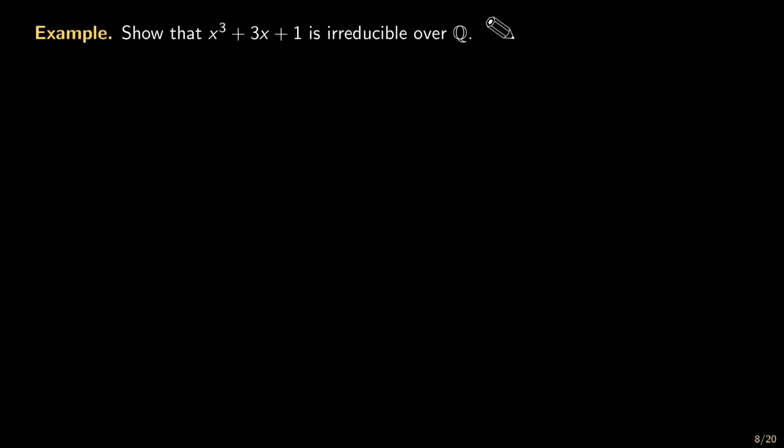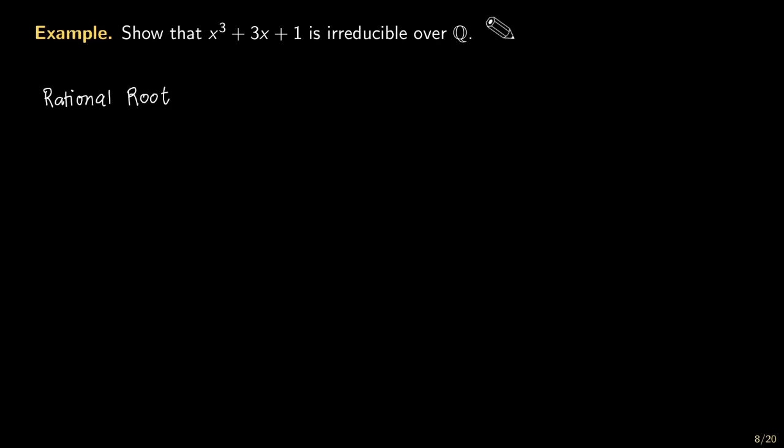For example, let's look at the polynomial x cubed plus 3x plus 1, and let us show that this polynomial is irreducible over Q. Now, to prove that this is irreducible over Q, because this is of degree 3, we only need to prove that it doesn't have a root in Q. But recall the rational root theorem, do you remember this theorem from the previous lecture?